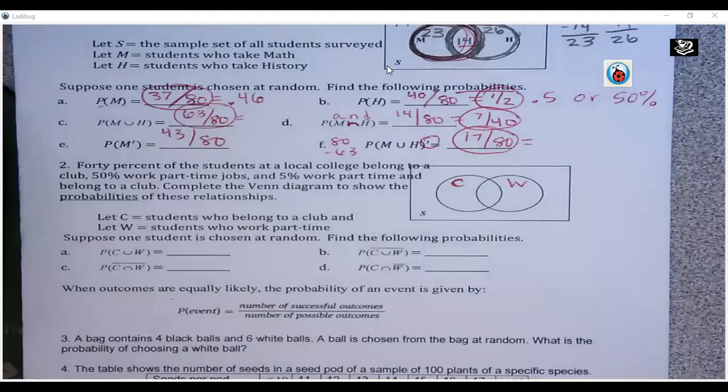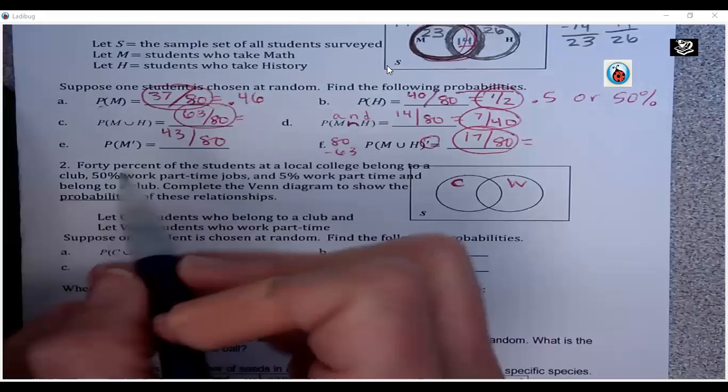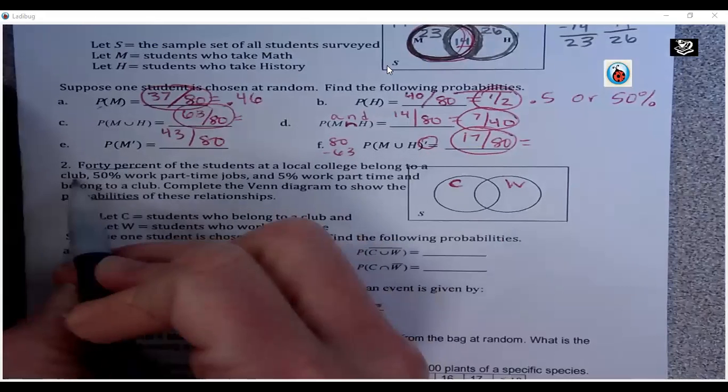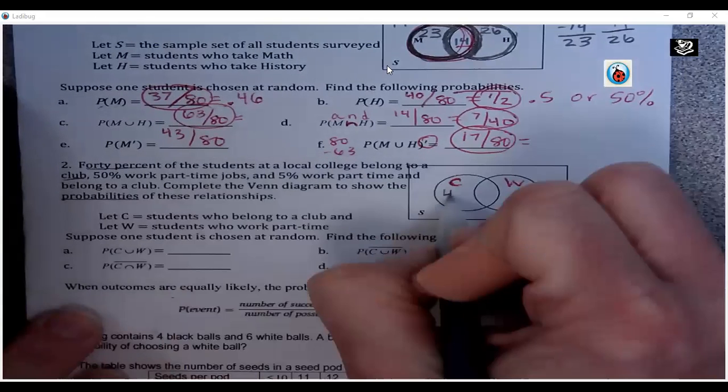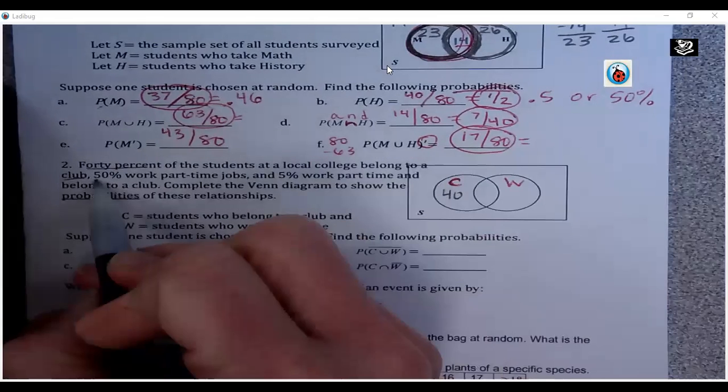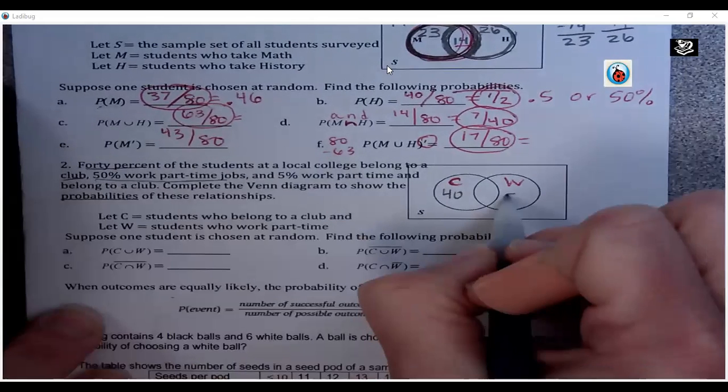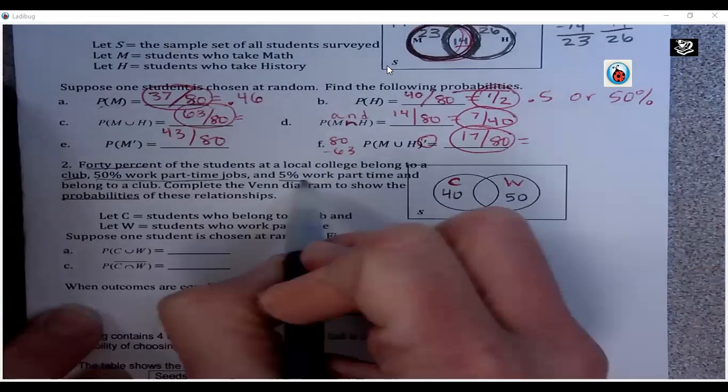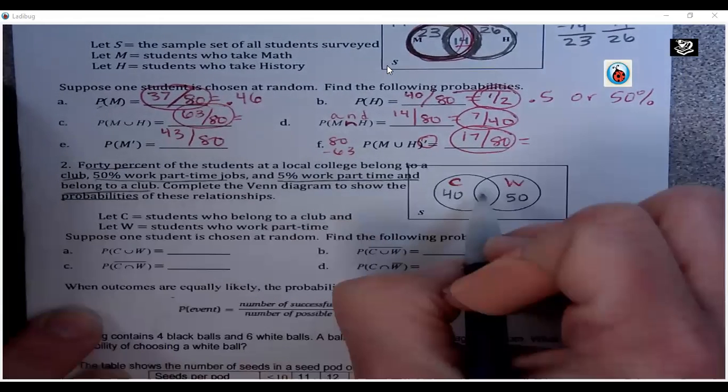And again, I'm going to use a pencil to fill it in and see how it works. 40% belong to a club, 50% work part-time, and 5% work part-time and belong to a club.